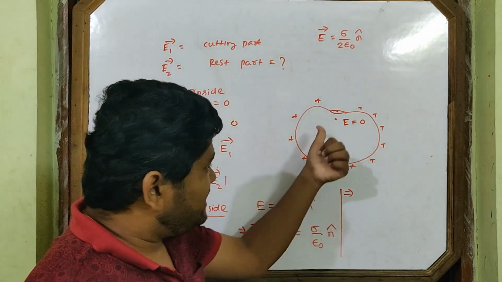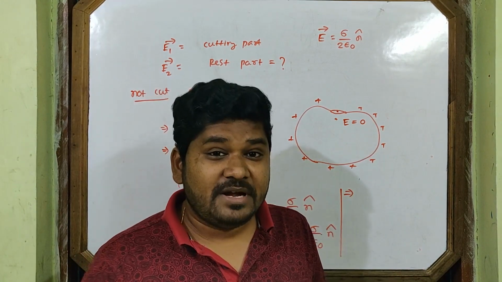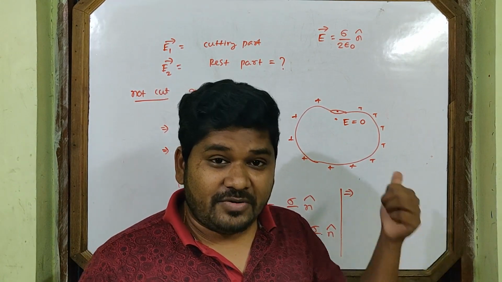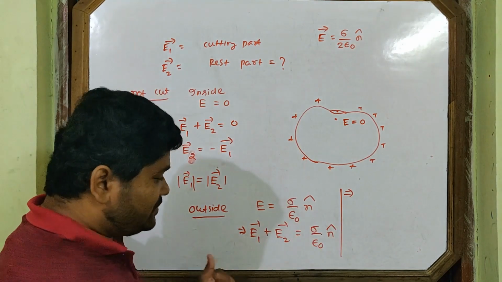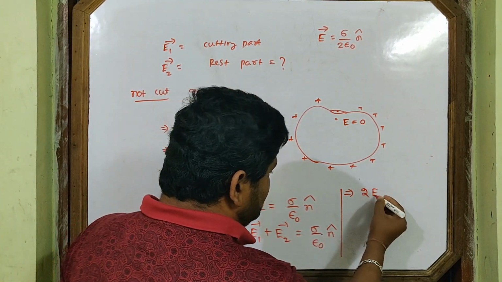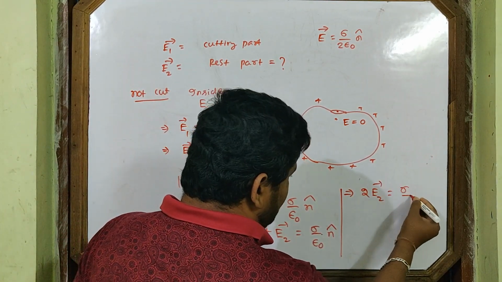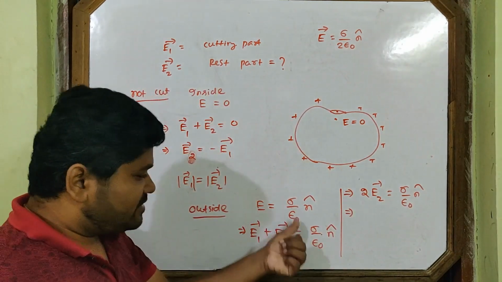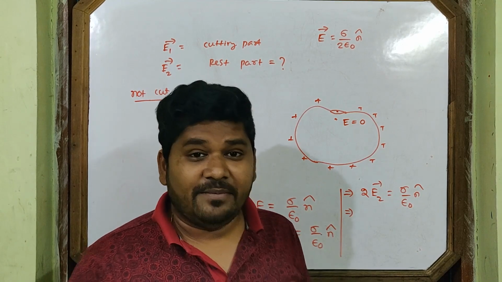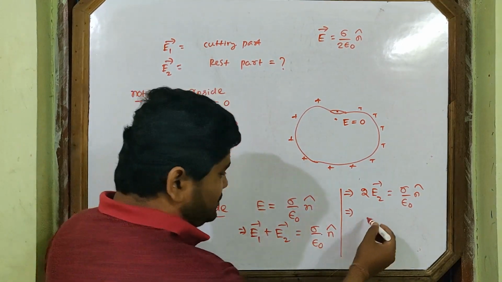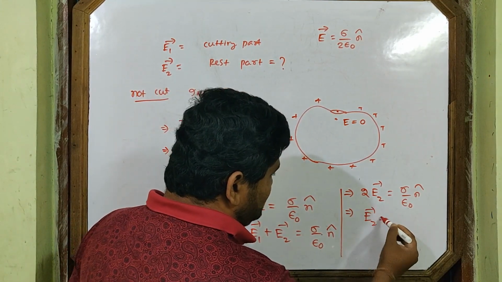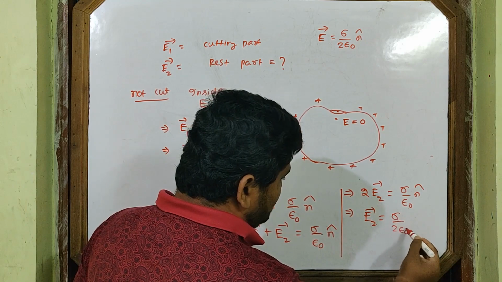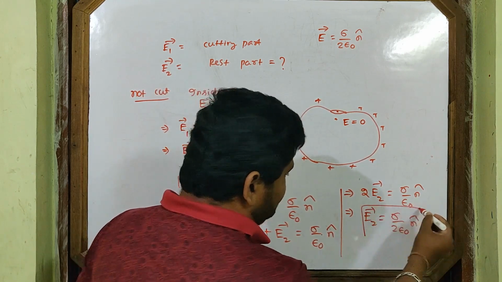But here the two vectors are added, so they are in the same direction. So we will write it as 2E2, because both are equal in magnitude and added, so E2 vector is equal to sigma by 2 epsilon naught n cap.